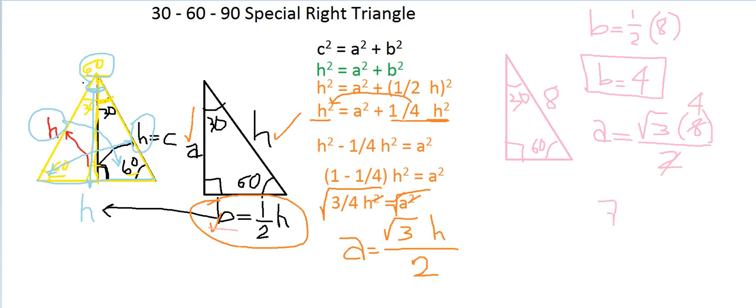Therefore, A here is equal to 4 and the square root of 3. Wow! I guess you can find the measure of the sides here easily.